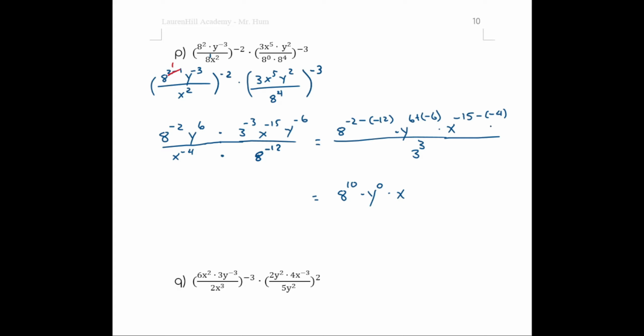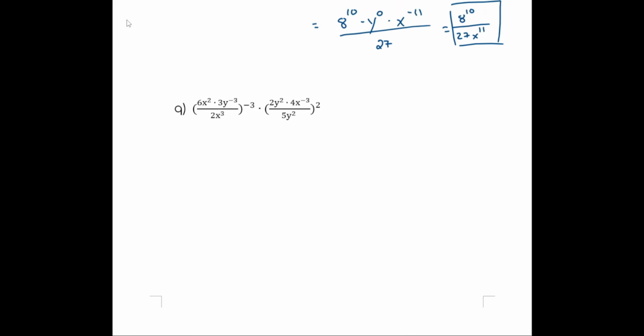Minus and minus become positive, so minus 15 plus 4 is minus 11 over 3 to the 3 is 27. Okay, and so that's going to give me 8 to the 10. Y to the 0 is just 1, right? So we don't have to write that. And x to the minus 11, we have a negative exponent, so we're going to bring that down to the bottom and change that to a positive exponent.